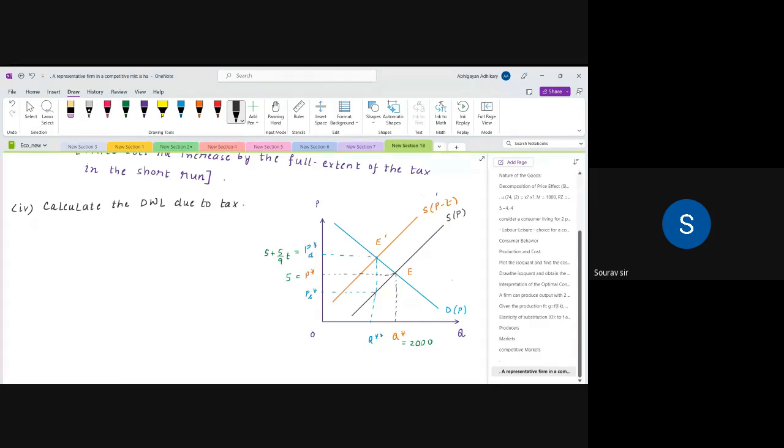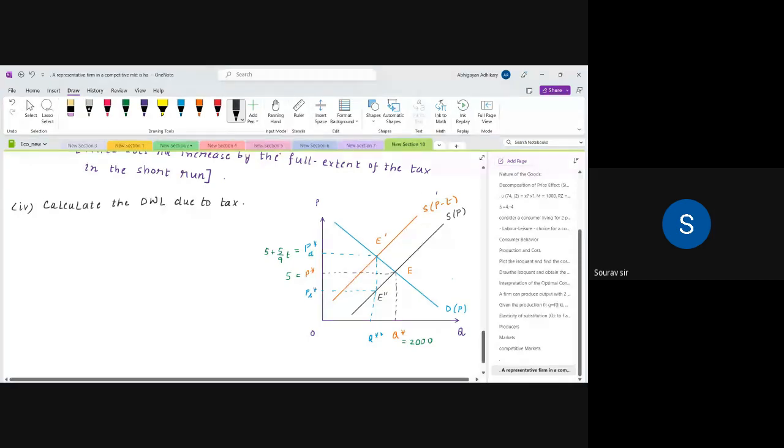Does anybody remember which part of the diagram gives you the deadweight loss? Which part? Can you tell me by looking at this? The notation has not been given. Okay, let me put a notation. Let's say this is your E double dash, suppose.